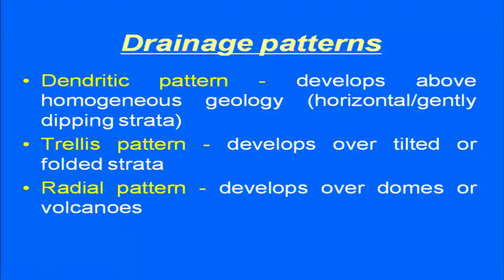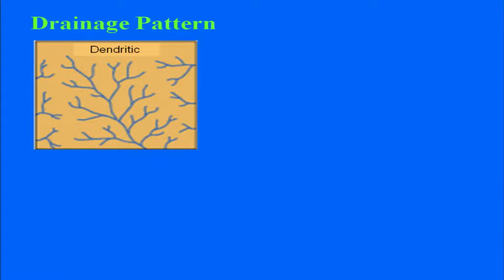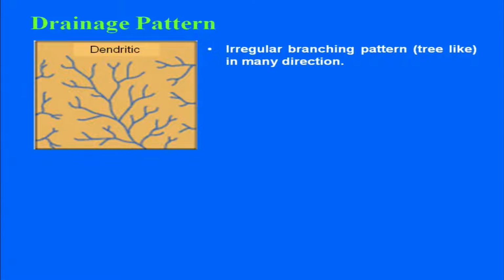dense drainage network. So dendritic drainage, if you take, has irregular tree-like features you will be able to see, and they will be flowing in many directions. Of course, they will meet the smaller streams which are developed in the source area and will join, but they are in many directions.